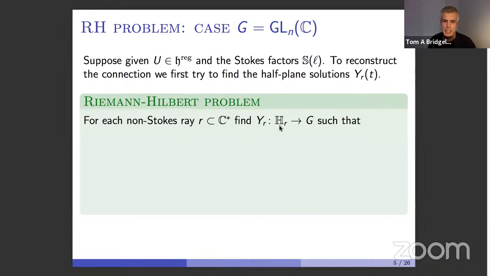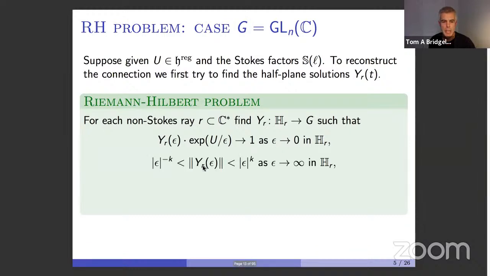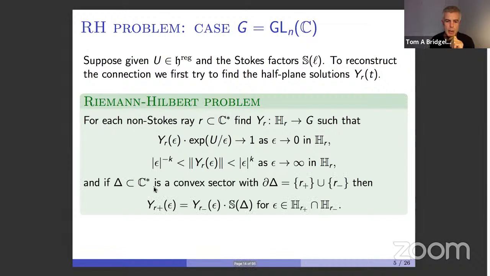So they exist on these half planes. They have given asymptotics as epsilon goes to 0. We should expect them to grow moderately as epsilon goes to infinity because they're solutions to a connection with a regular singularity at infinity. And then we know how they jump.